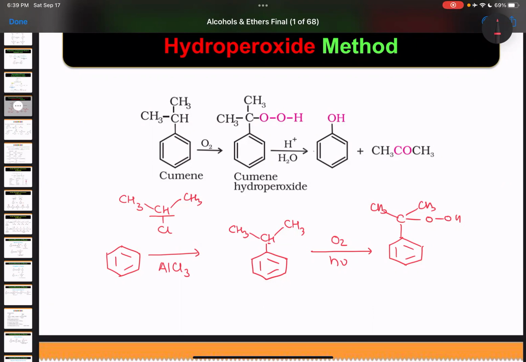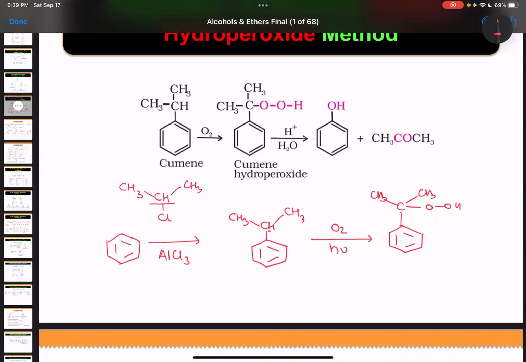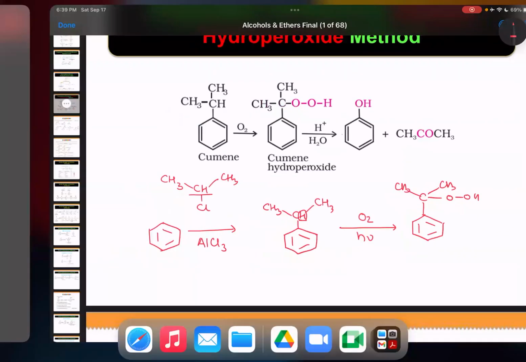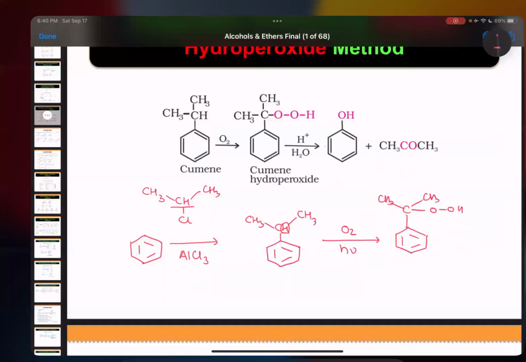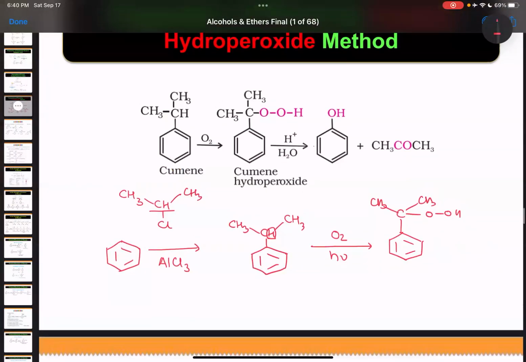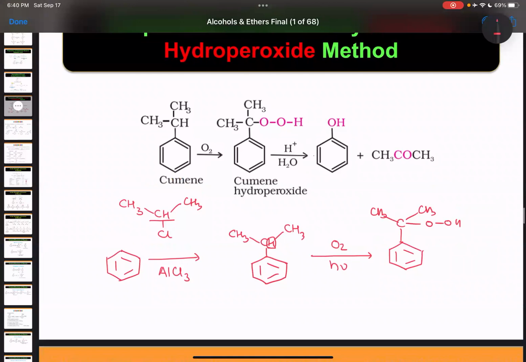Yes, sir. Okay, so now what do you do? Actually, this H is most reactive, so it gets abstracted most easily, right? So that's why the oxygen gets attached. You break the H, and the oxygen gets attached to the cumene, giving OOH. Now the next thing is what you do after this.